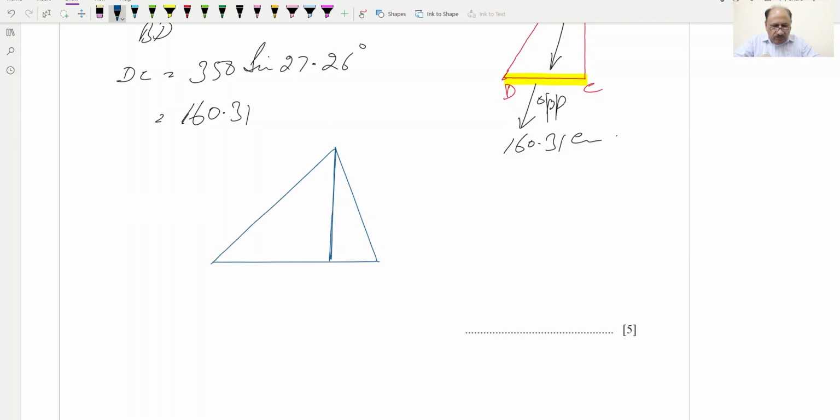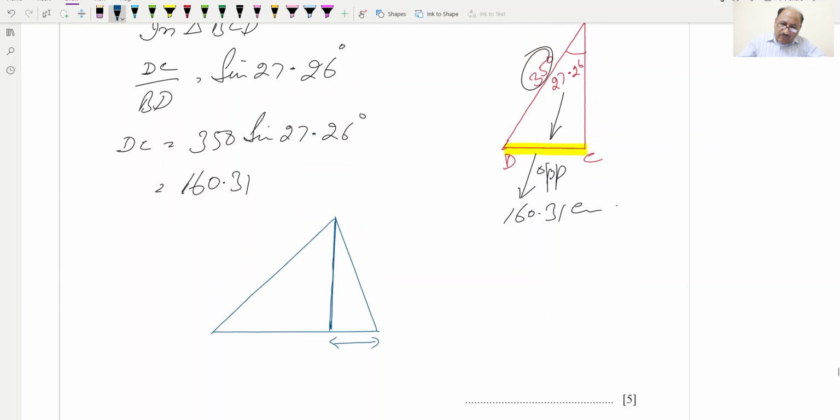Hopefully you are understanding each and everything, and this one we have calculated. I have joined this triangle over here with the mast. So the mast we need to calculate, and if I redraw, this is 160, this is 160.